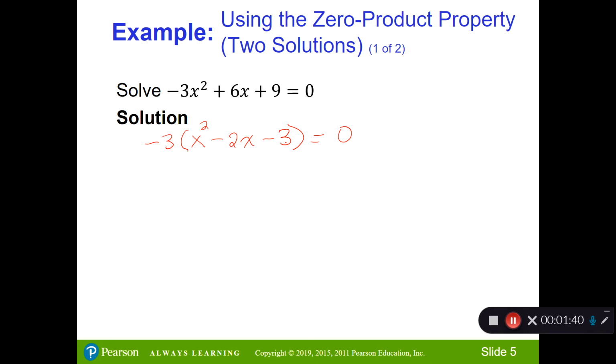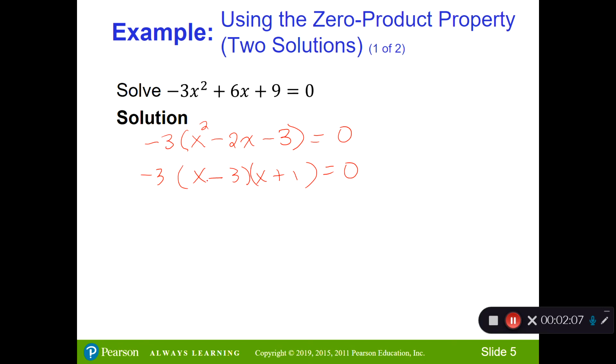Now, looking at this, trying to factor this expression, I'm looking at the factors of this that will subtract to make a 2 in the middle. Well, the only factors of 3 are 3 and 1. So I know I have two factors. One is a 3, one is a 1. So to get a minus 2 as the result, I need the 3 to be negative, and then I'd have a plus 1 there.